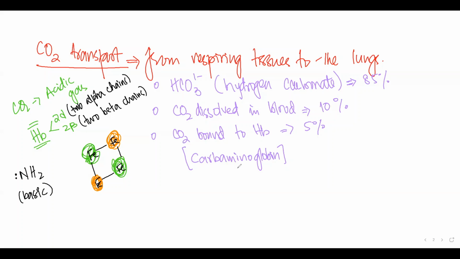So CO2 transports. Now we stop sharing. NH2. Now Ali, tell me how does CO2 go from respiring tissues to the lungs? Number one, as dash. Sir, it binds to H2O to make hydrogen carbonate ions. No, son.